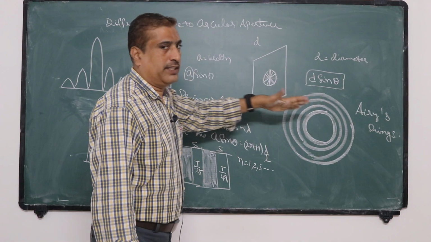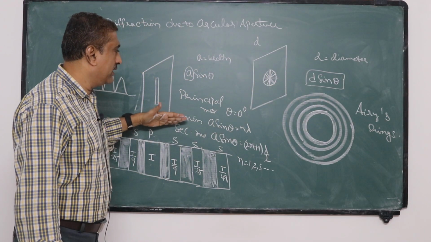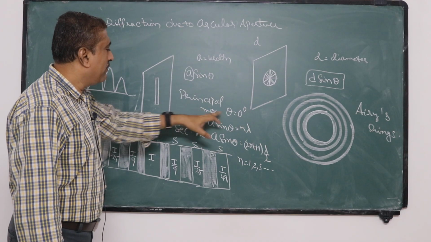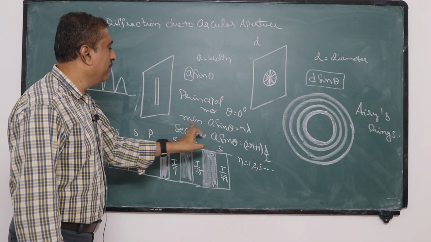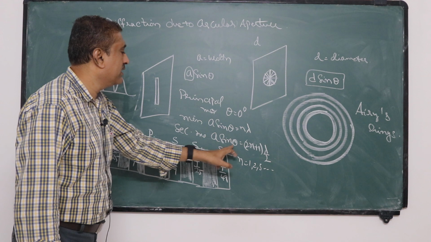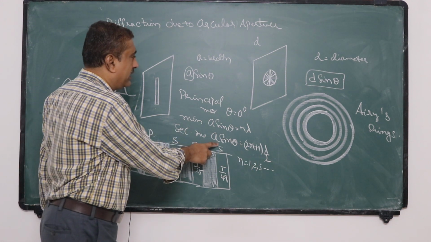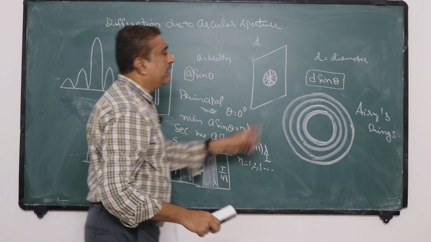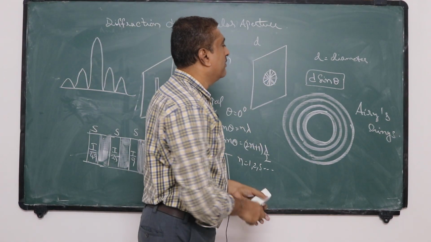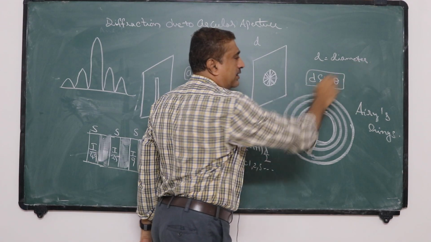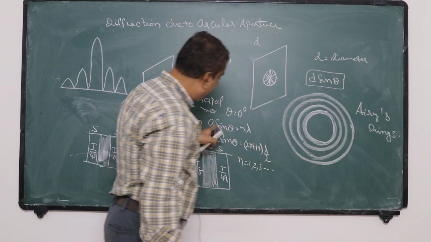So you have to remember that in case of diffraction due to a single slit, the condition for principal maximum is theta is 0. For minimum, a sin theta equal to n lambda, and a sin theta equal to (2n plus 1) lambda by 2 for secondary maximum. In this case, a is the width of the slit. But in the case of circular aperture, the path difference is d sin theta, where d is the diameter of the circular aperture, and the conditions are the same.